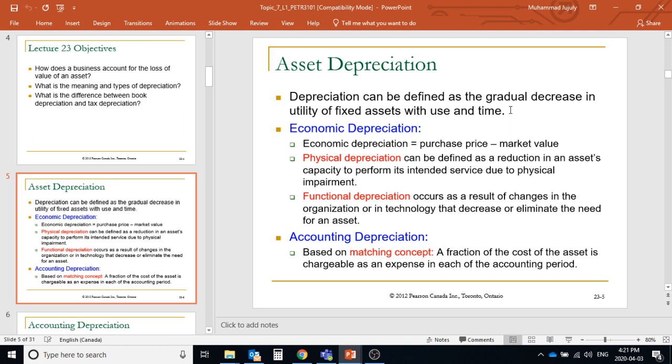Functional depreciation. Let me give you an example. You and your friend both bought a car 5 years back at the same price, but you bought an automatic system.